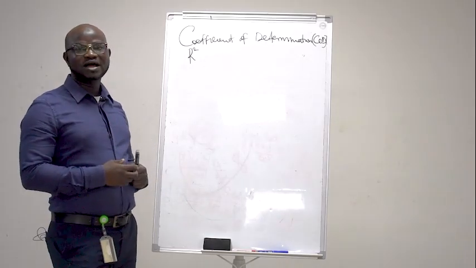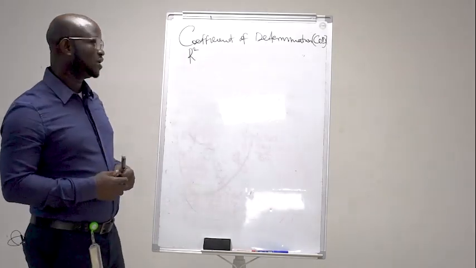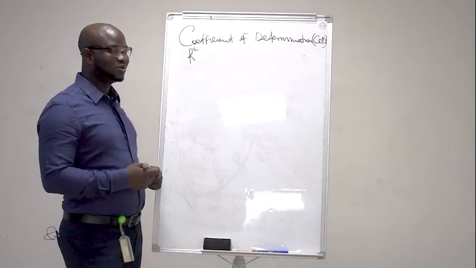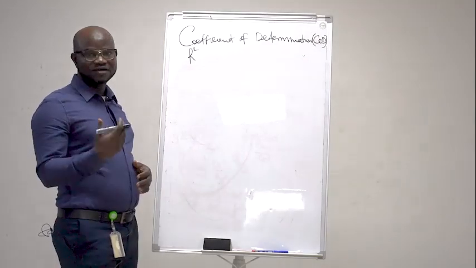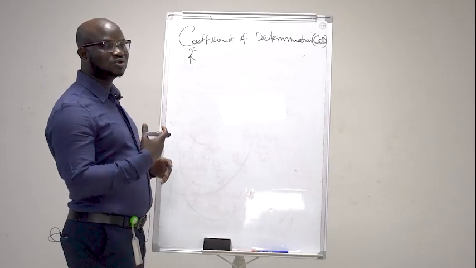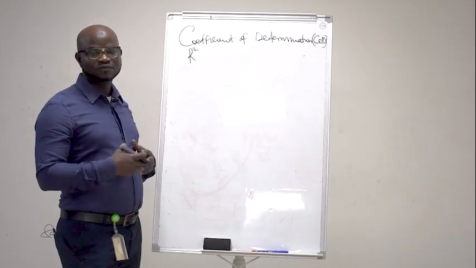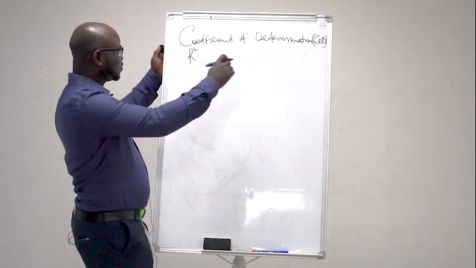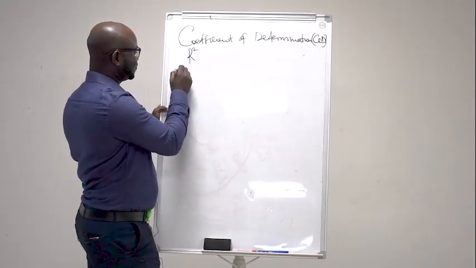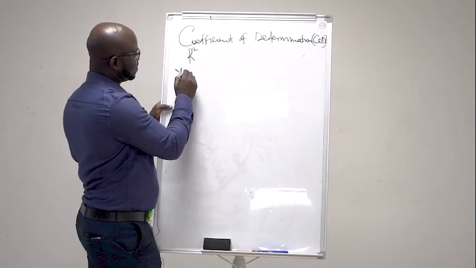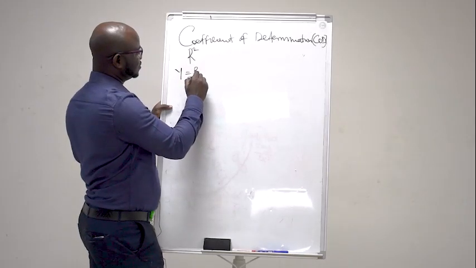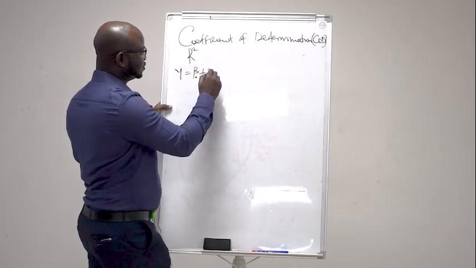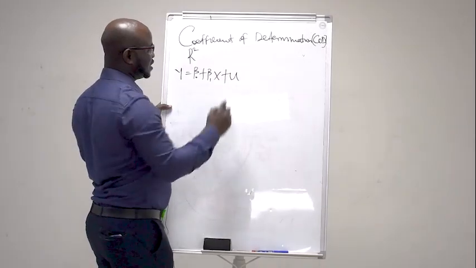To determine the R square, we have different ways of deriving it, and I'm going to take us through four or five methods. We can recall that Y is equal to beta naught plus beta 1 X plus the error term, right?